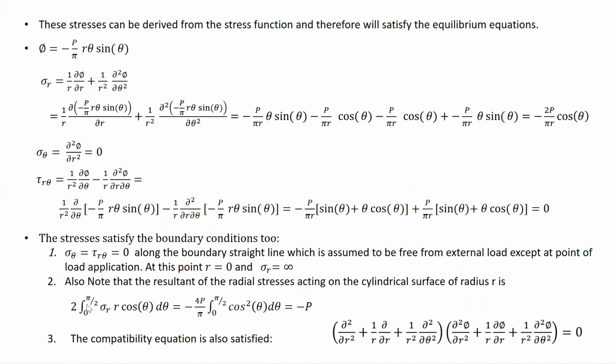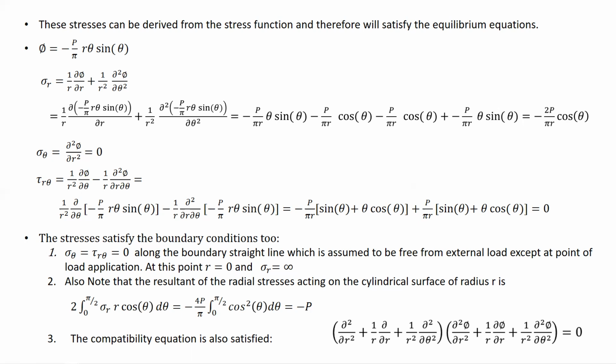From that stress distribution, I define an area function, minus P over pi, r theta sine theta. Now we work reverse and see if an area function of that form would give us, first of all, the same stresses that we indicated, and secondly, it would satisfy the compatibility equation.